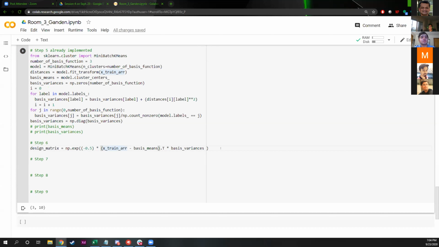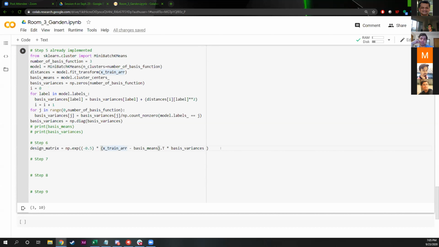So how do we compute that for the first value itself? How do we sum up across all the features for one basis function? We see the formula above, it's x minus mu j multiplied by sigma something. In the distances, I see there is a value that's n cross 3.